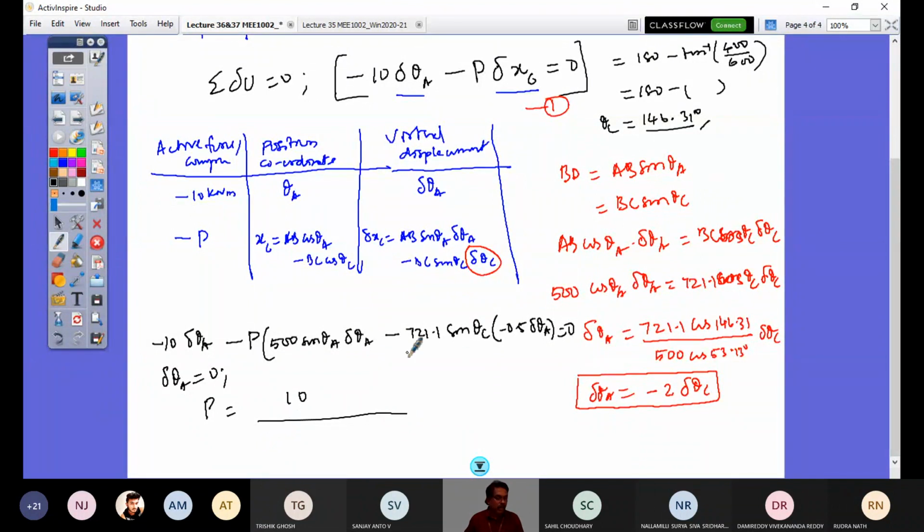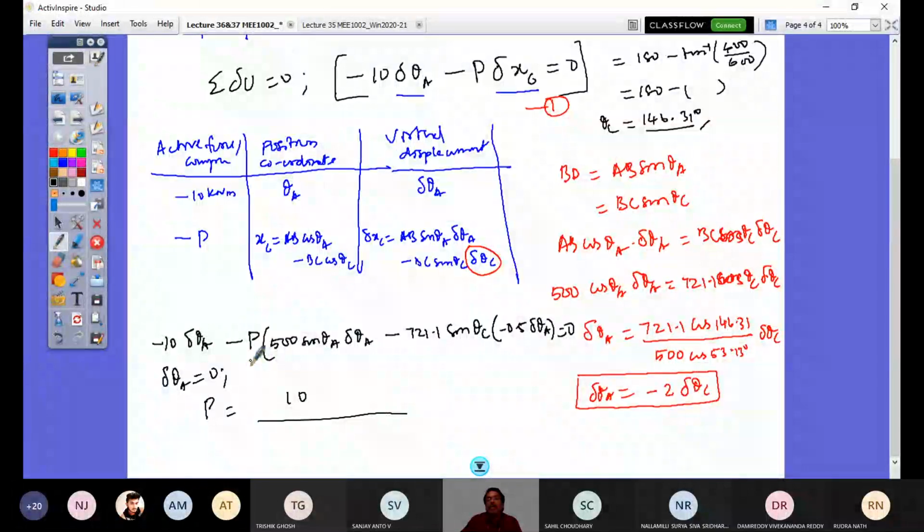Doing correct delta theta A, yeah. I should substitute that in this, right? So here I require P now. So this is negative minus P into all this term, right?